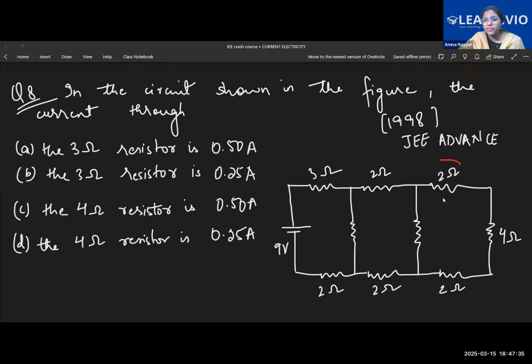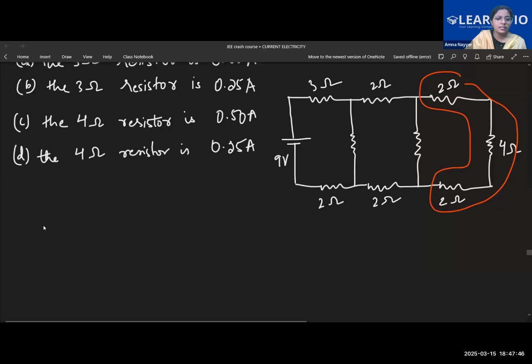So see, these three are connected in series, right? If these three are connected in series, means 4 plus 2 plus 2, that is 8. So I can say this is 3, this is 2. This is 9 volt. This is 2 volt.